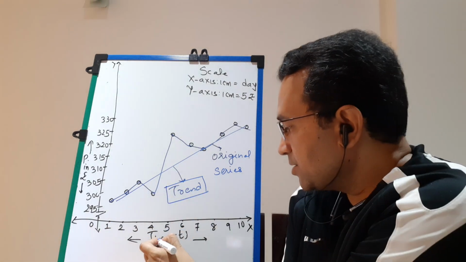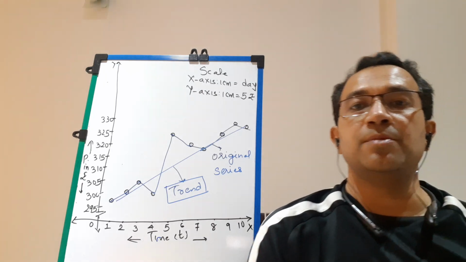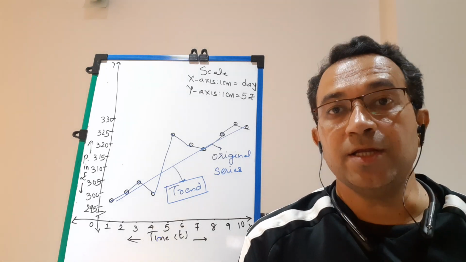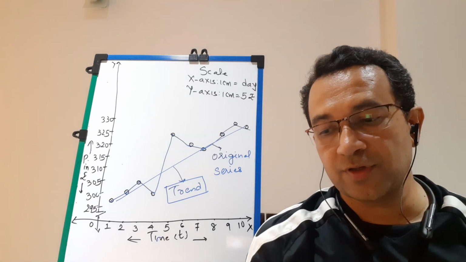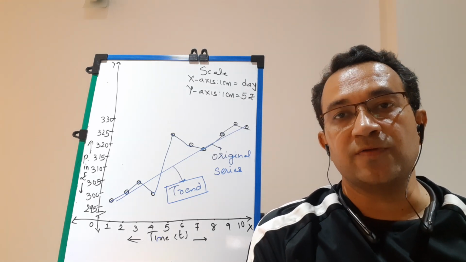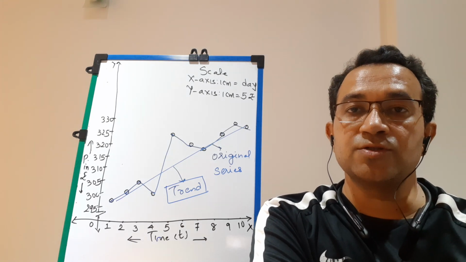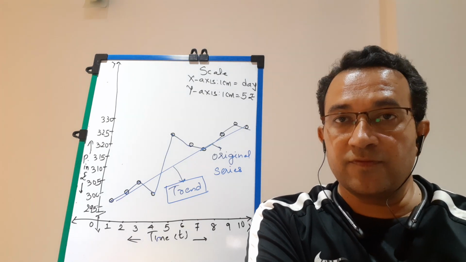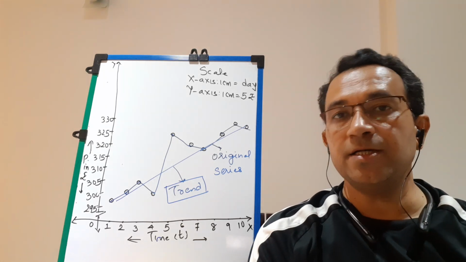So on x-axis we have taken time period, on y-axis students we have taken value of variable quantity, which is price in rupees, and title will be time series graph showing variation in price of a share for last 10 days. What will be the title, students? Time series graph showing the variation of price of a share during last 10 days.